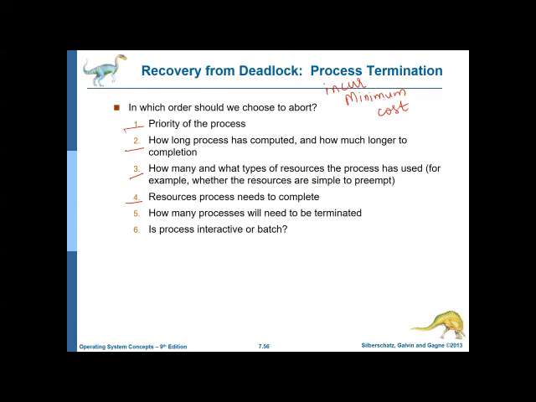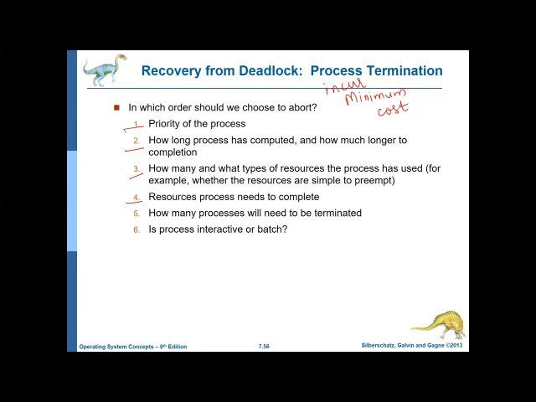If other processes are terminated and they release resources, will this one be satisfied? And so on. Then how many processes will need to be terminated? That itself is one factor. Whether the process is interactive or batch kind may also be a decision factor when a process has to be terminated.